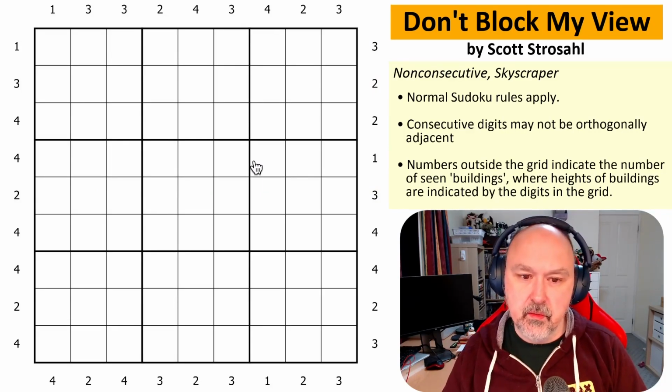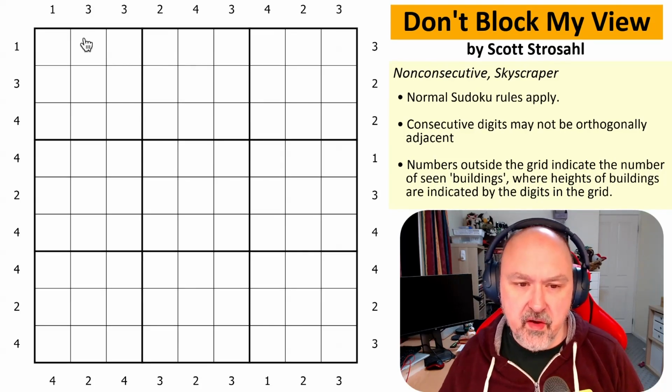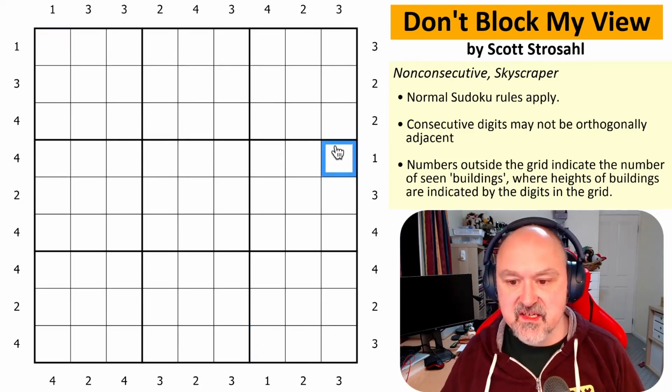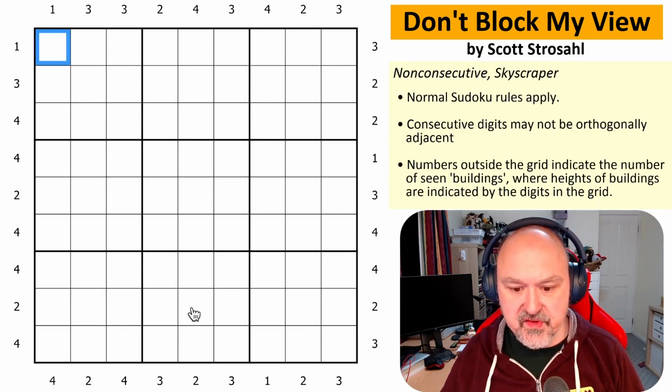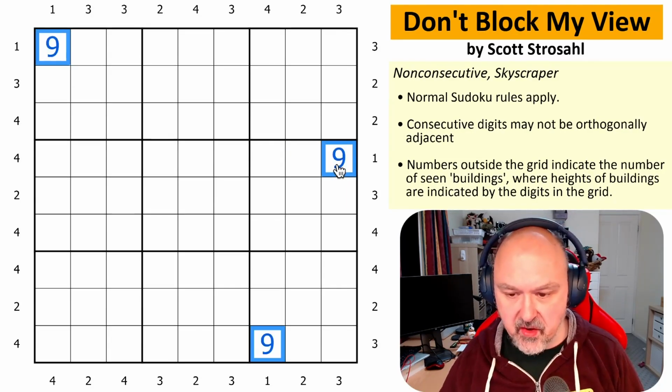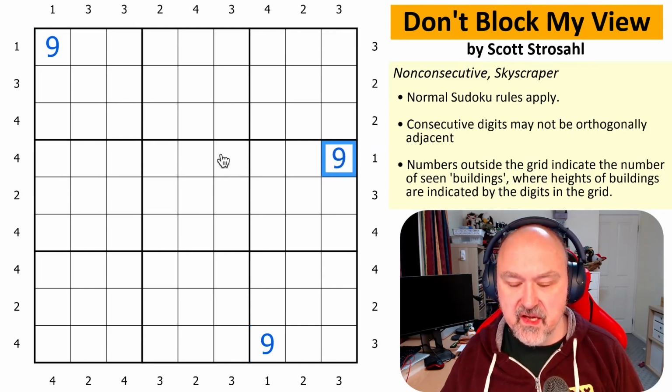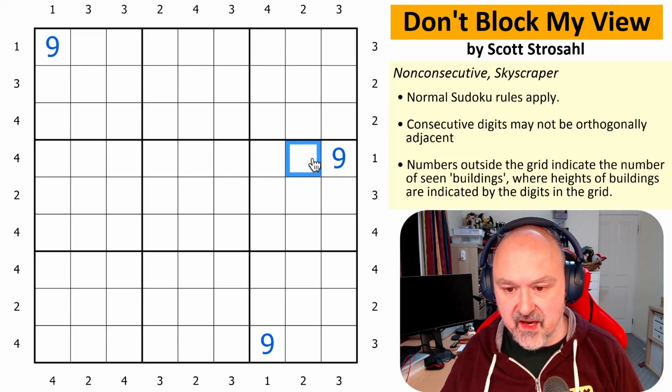So one thing I know is that 9s, anything that is a single skyscraper clue, so those cells there must be 9s. And the reason for that is if I didn't put a 9 into those cells, then immediately, like if I put a 9 in this row, even here, or even here, then this would be something lower than 9 and I would see 2 buildings.